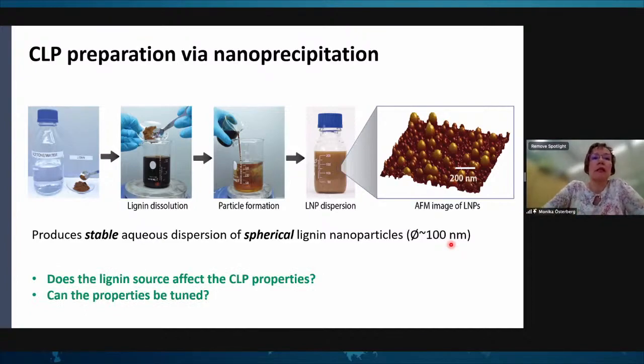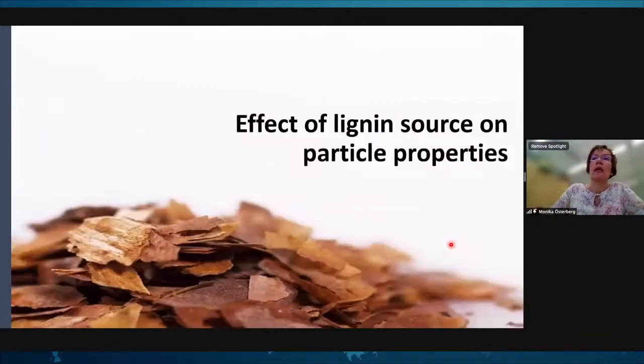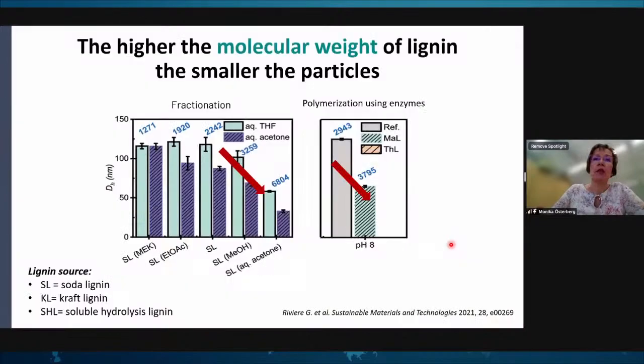But does the lignin source affect the CLP properties anyway? And especially important is, can we tune the properties? So for this, let's first look into the effect of lignin source on the particle properties.